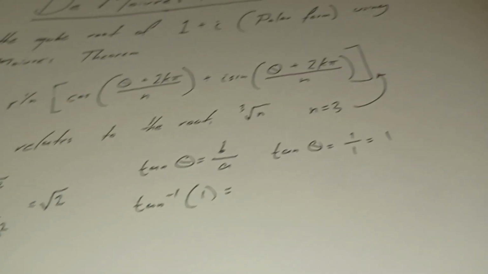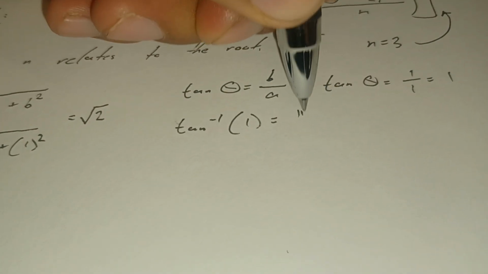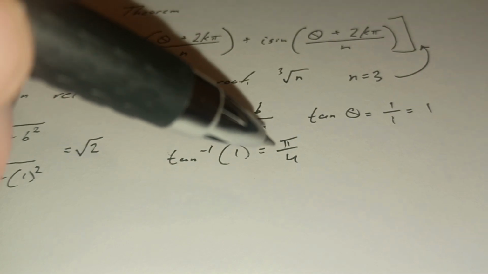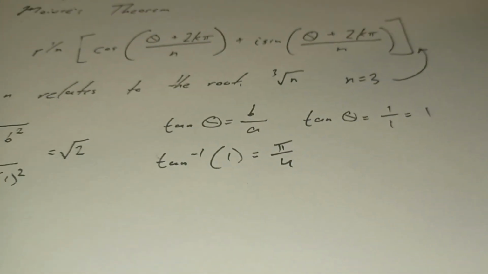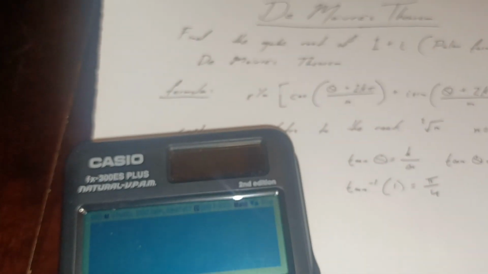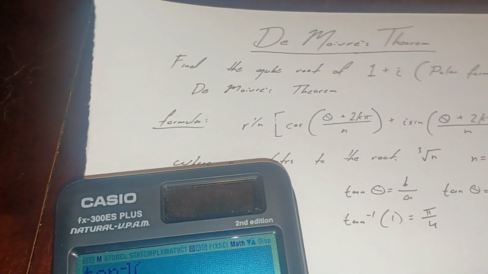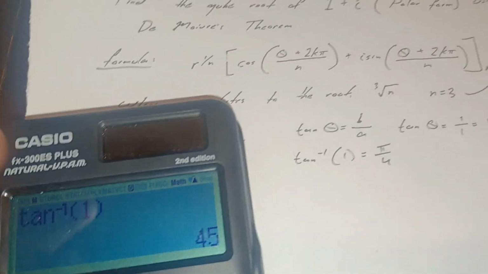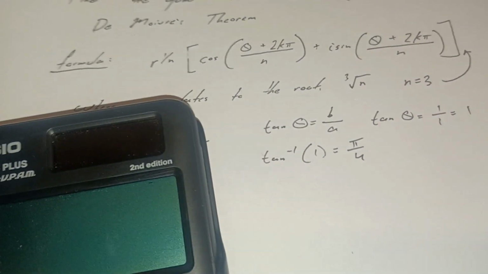It's going to be pi over 4. If you're confused as to where I found this value, you can use a calculator: inverse tan of 1 gives us 45 degrees, and if we turn that into radians, it gives us pi over 4.